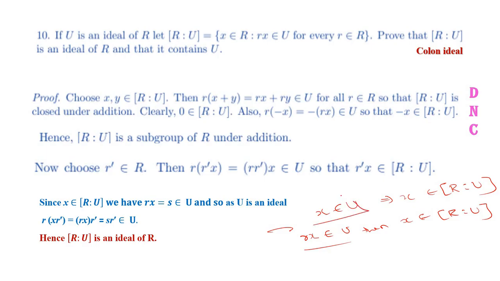Once you have x in U, for r in capital R, as U is an ideal, we will have rx to be in U. Because rx is in U, by the description of R colon U, this x should be there in R colon U. So the conclusion is U is contained in R colon U. So this colon ideal contains this ideal U.